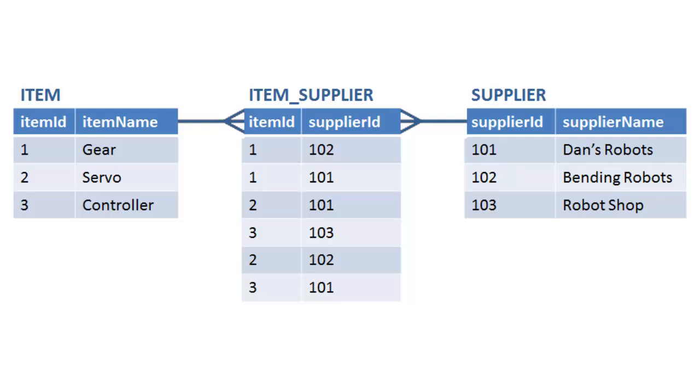In this example, to actually implement the many-to-many relationship between our item and supplier entities, we would need to create a third entity to sit between them, which we might label item supplier, which we could use to actually link items and suppliers together.